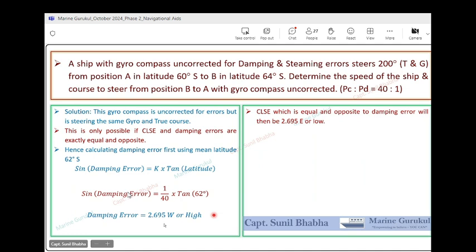So that is why we use the mean latitude. So this is like a mean damping error, sir, right? That's correct, beta. It is like a mean damping error. Somewhere the actual damping error will be slightly higher than this, and at some places it will be slightly lower than this.